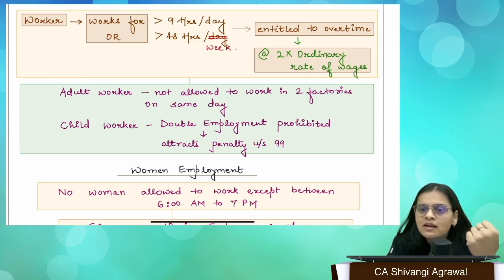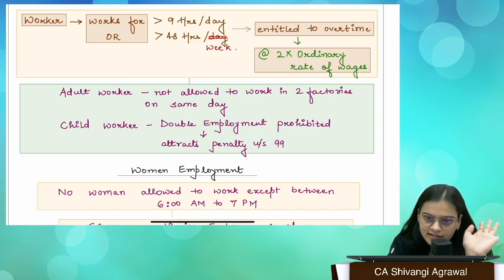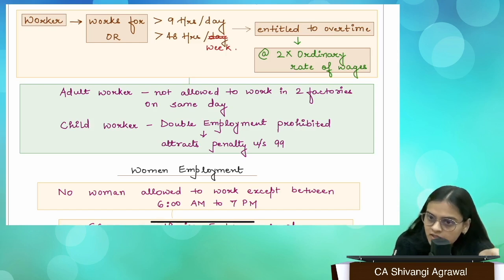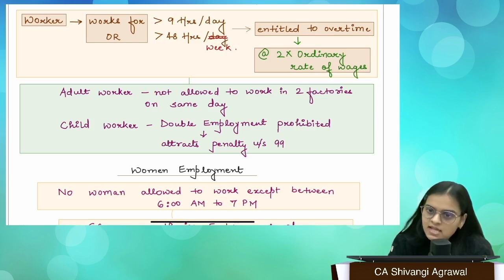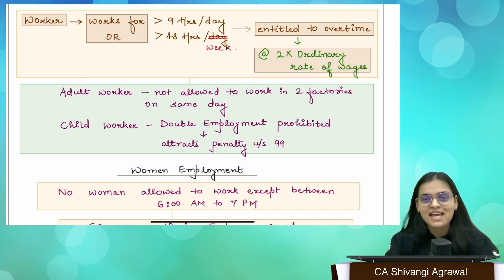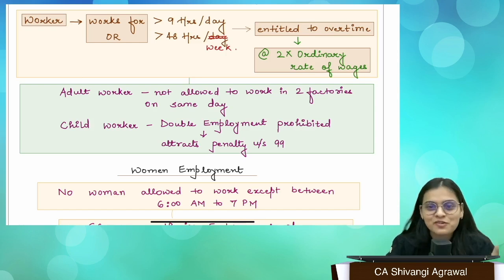We have section 99, which we probably read at the end, and it clearly says that if a child worker works in one factory and then works in another factory, the parent or the guardian is punishable with a fine. If the parent says that I don't know where my child was, he was lost throughout, and it was without their consent, then they will not be penalized, but otherwise they will be.